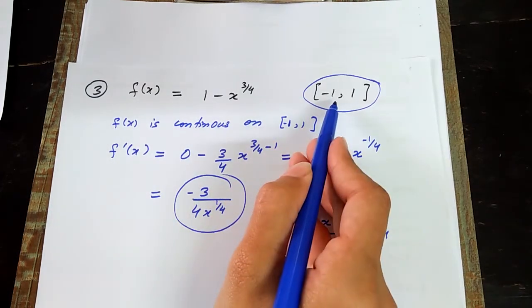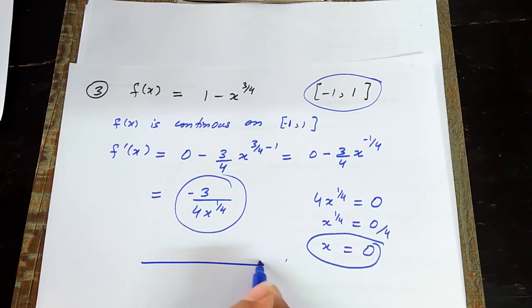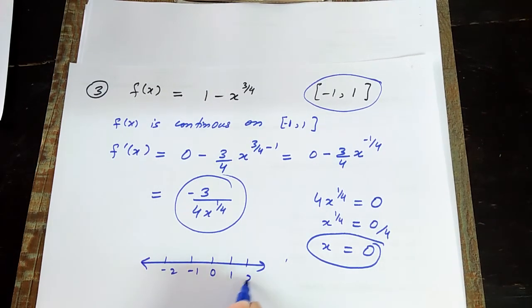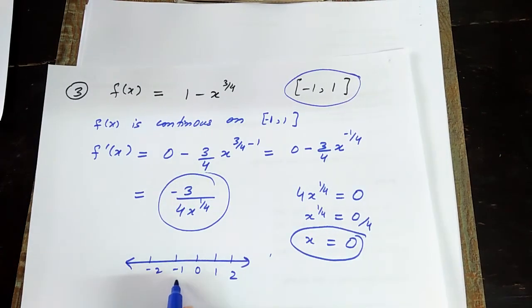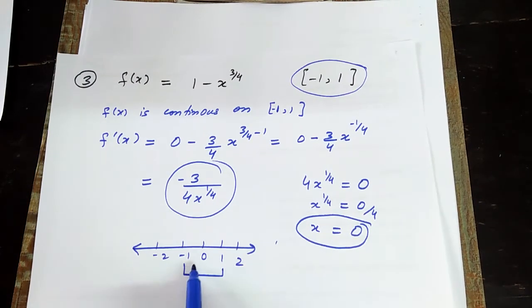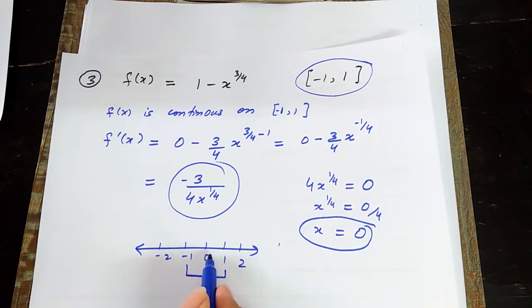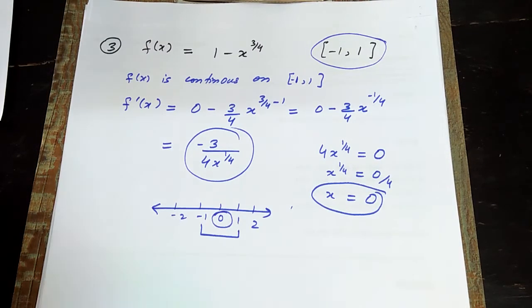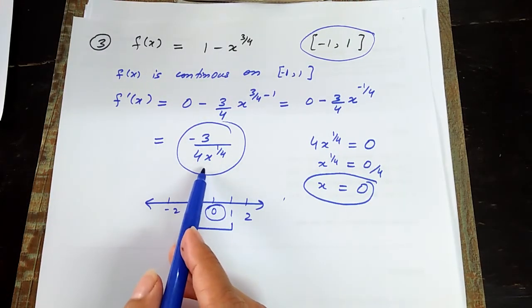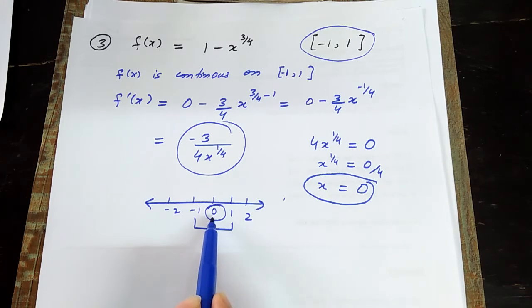Now check your interval. Your interval is between these values. Now you check whether this x is lying in this interval. You see you are having 0 in this interval. It means your derivative becomes discontinuous on this x value.